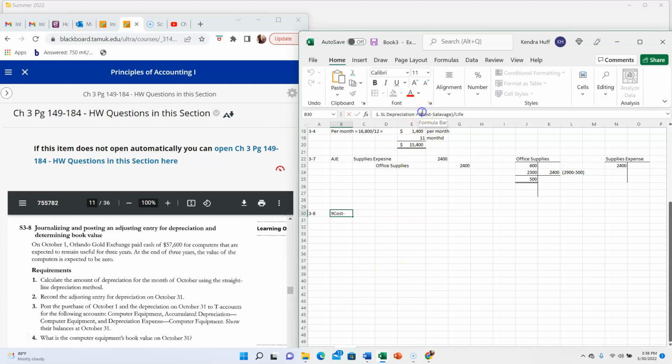Let me fix that. That's bothering me. So salvage and residual are the same thing. Value is expected to be 0, so we don't even have to worry about it. So this is going to be 57,600 minus 0 divided by 3.